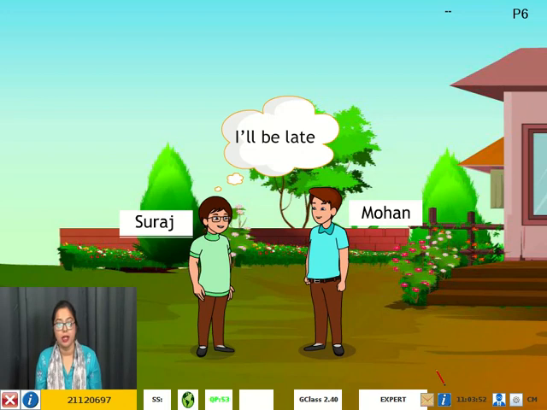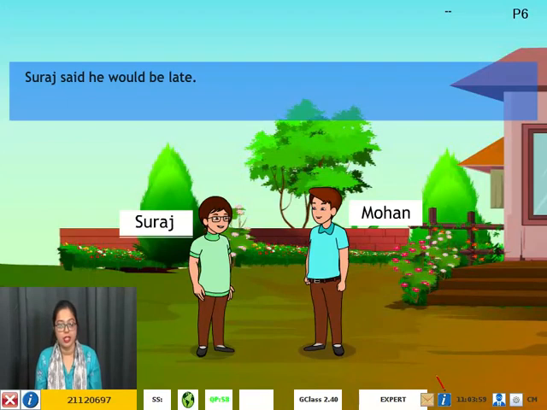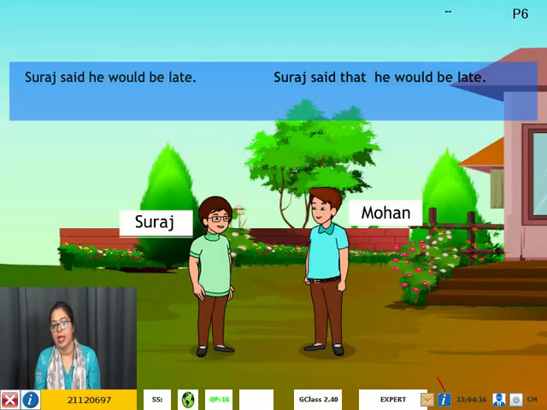Now see on the screen, what is Suraj saying? Suraj is saying to Mohan, I'll be late. Suraj said he would be late. Suraj said that he would be late. Now look at the sentences carefully. Suraj said he would be late. Now again on the right hand side, what do you see?